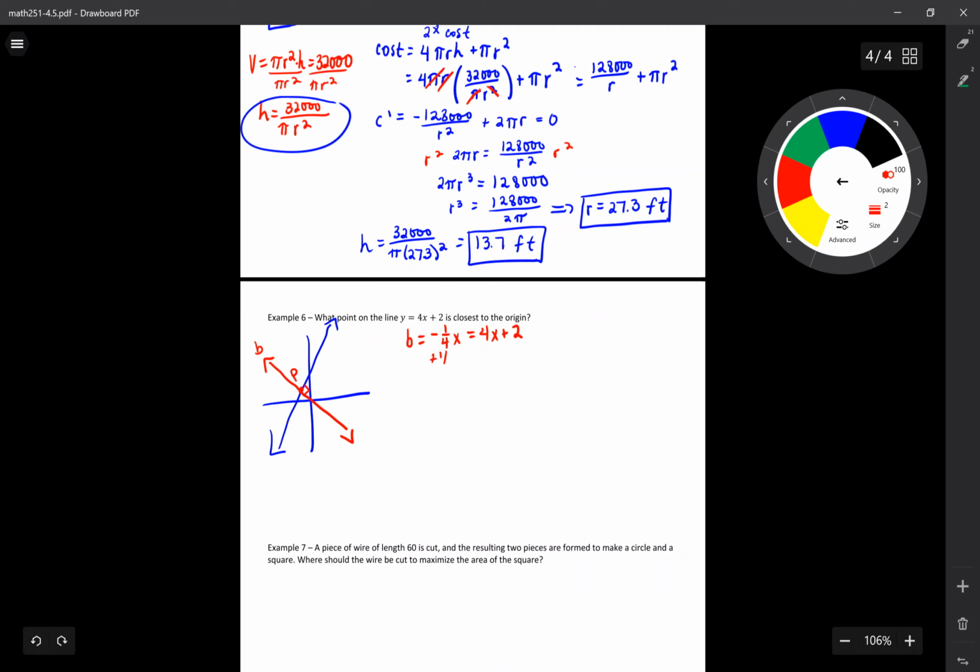So I'll subtract 4x from both sides to get negative 4.25x equals 2. So I get x is equal to negative 0.47. That's my x value.